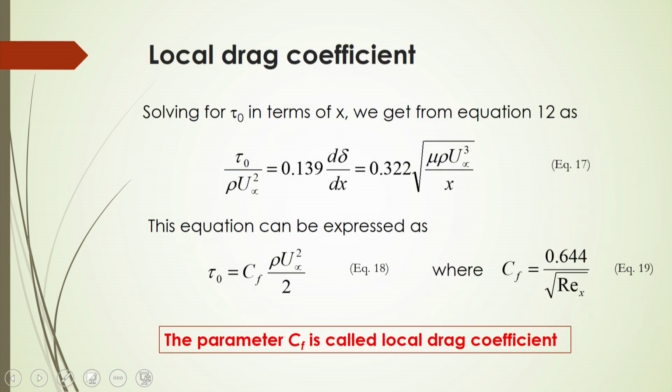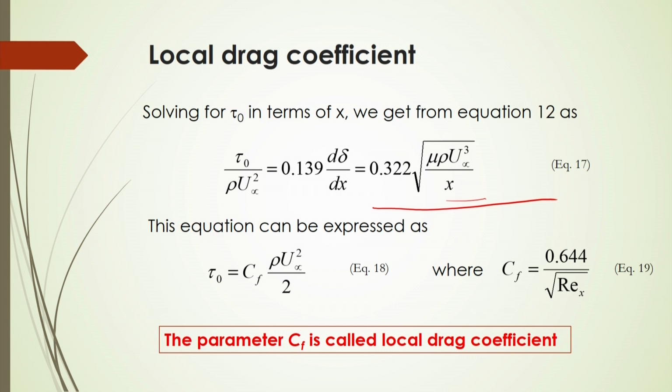Now, how do we calculate the local drag coefficient based on this boundary layer theory? Solving for the shear stress in terms of x, we get from equation number 12 that tau 0 by rho u infinity square equals 0.139 into d delta by dx, which equals 0.322 root over mu by rho u infinity x, as shown in equation number 13.